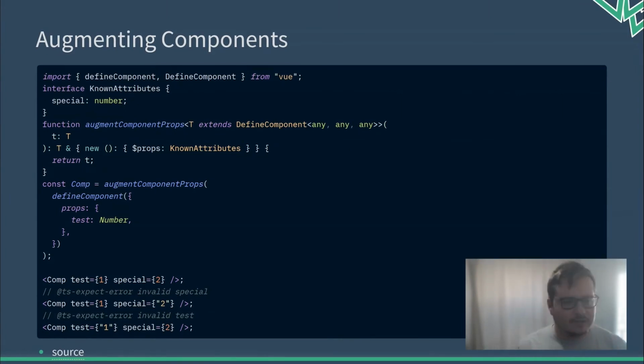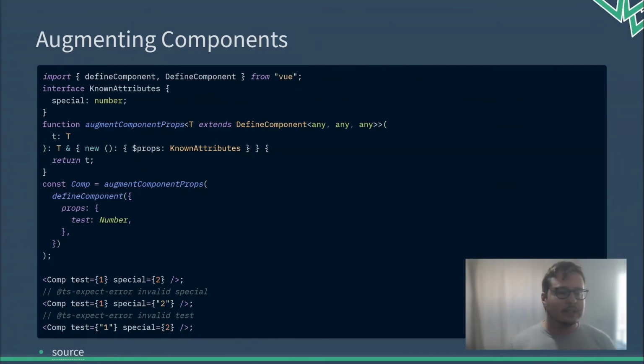So let's create a function called augmentComponentProps, and T extends a DefineComponent. DefineComponent must have the any at least, because the default DefineComponent without any argument defaults to a component without any props, and when you're trying to infer, that's going to cause some problems.